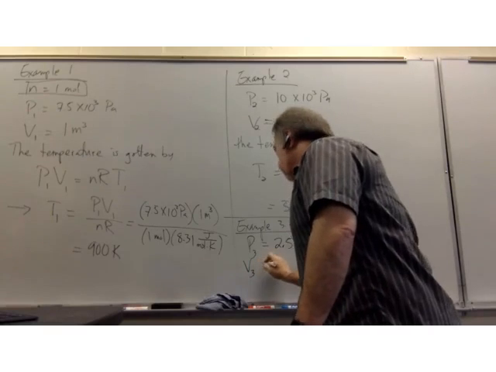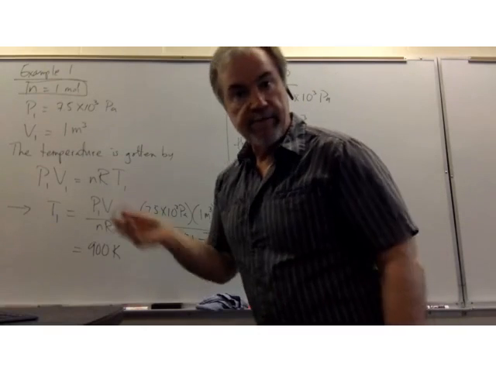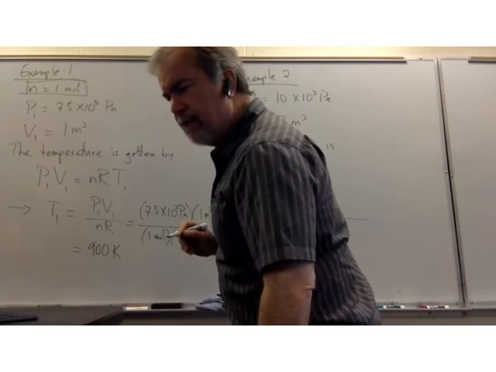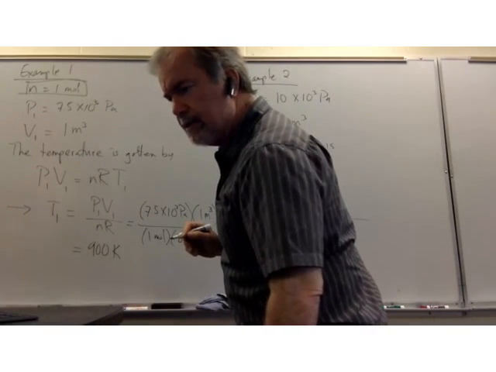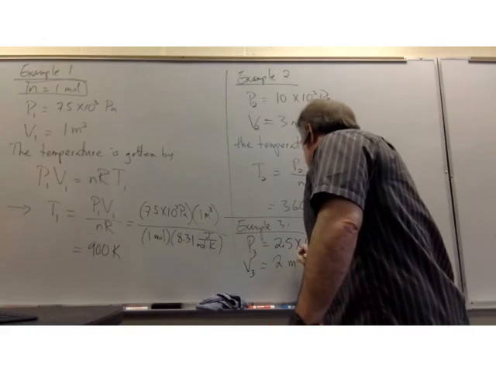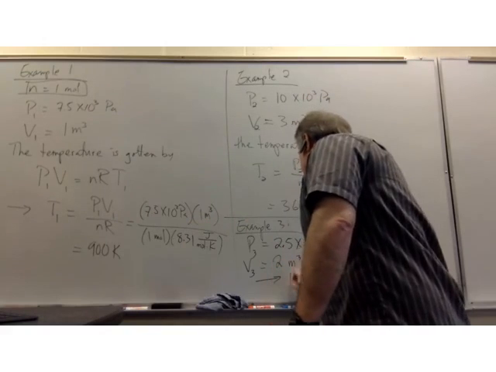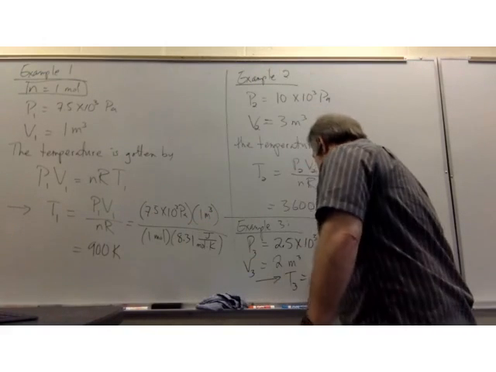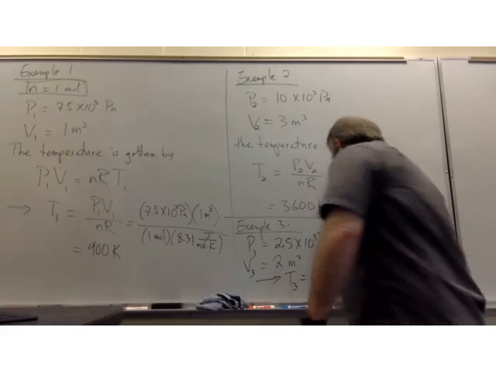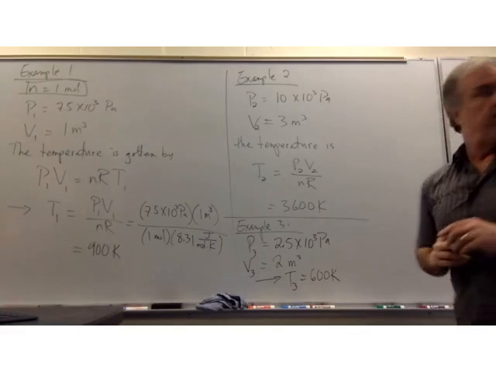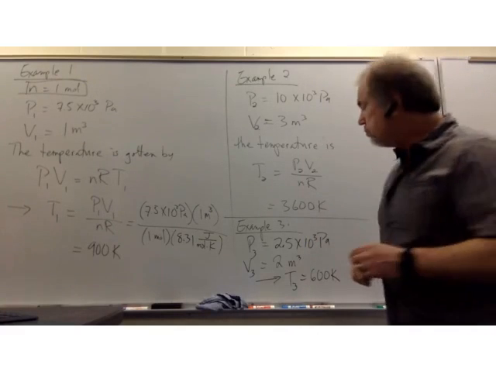And V3 is, yeah, I'm reading it off of my page over here, V3 is 2 cubic meters. The corresponding temperature works out to be 600 Kelvin. Okay, so that's all fine and dandy, no real problems there.